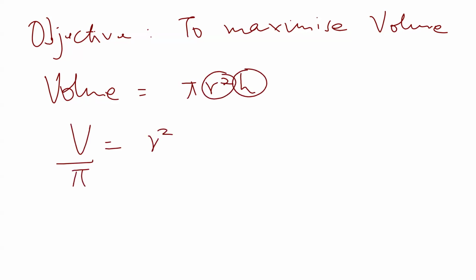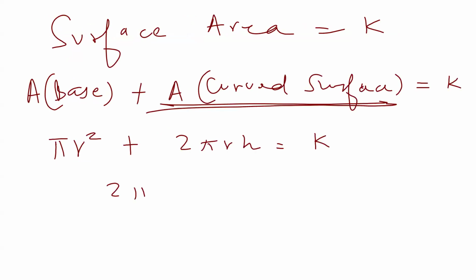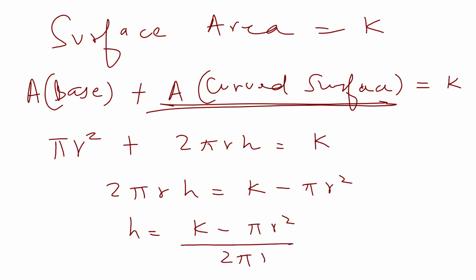So r square remains r square. We'll just find out the value of h. And we have taken the constant pi on the other side to avoid lengthy calculations. Constants you can move. So 2 pi r h is equal to k minus pi r square. So h is equal to k minus pi r square upon 2 pi r, where k is a constant.